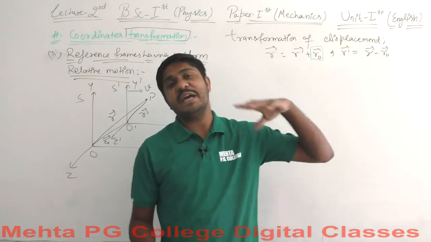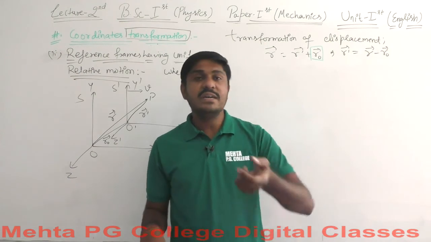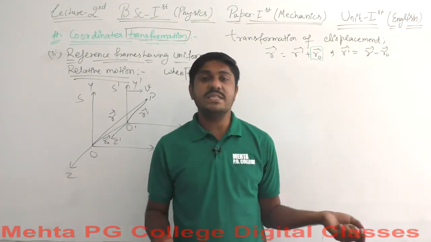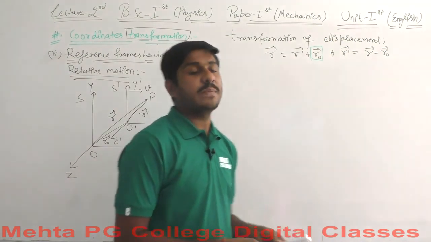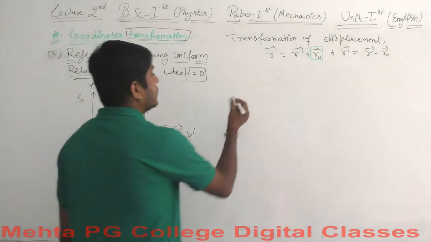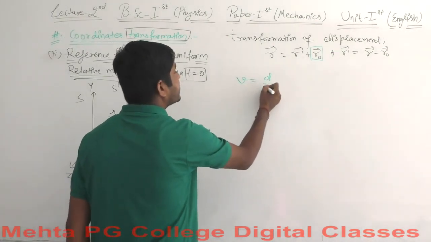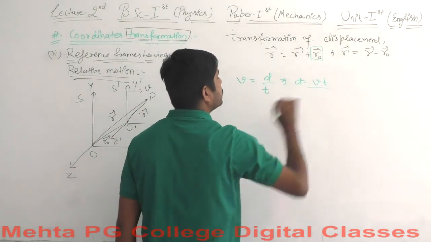If you remember the article we discussed in the 8th class or maybe in the 9th class, displacement is equal to velocity into time, because velocity is equal to displacement upon time. If you remember the formula, velocity is equal to distance upon time, so distance must be equal to velocity into time.